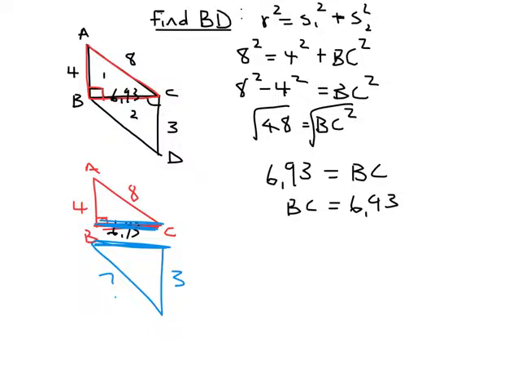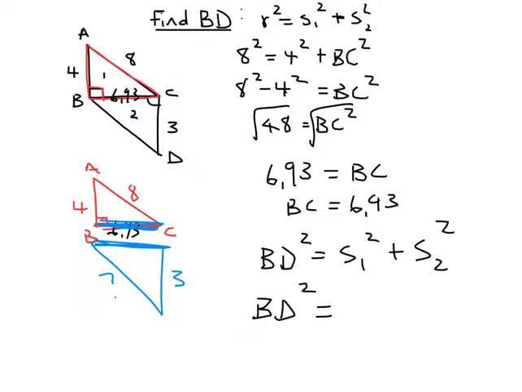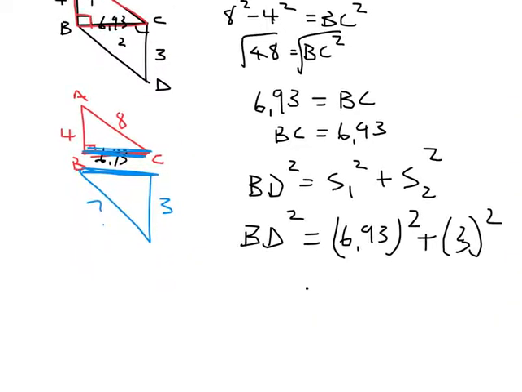In that triangle, I will still use the same formula, where it is now BD that I am looking for, which should be equal to side 1 squared plus side 2 squared. So BD squared equals 6.93 squared, and side 2 is 3, which you square. Remember, it is BD squared that you are still working on.